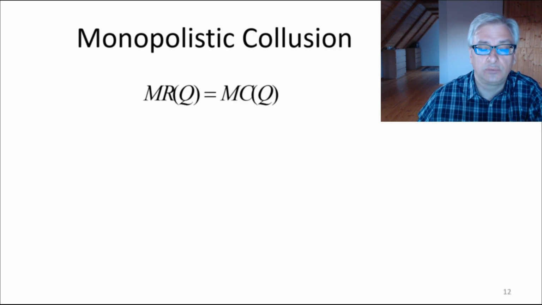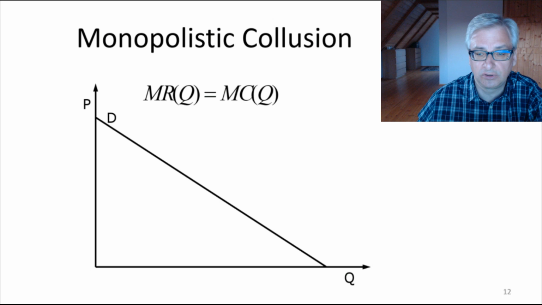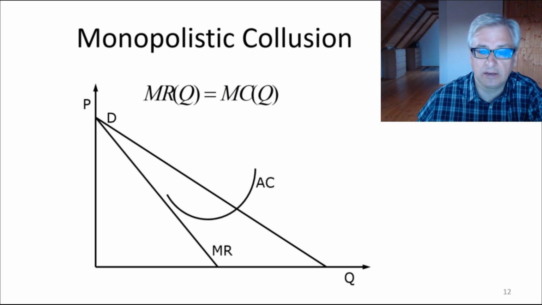The last thing that we want to talk about in the context of oligopolistic market is monopolistic collusion. This is not actually a model. It's the idea that sometimes market participants may say, all right, why would we actually have to compete against each other? We can share the market.